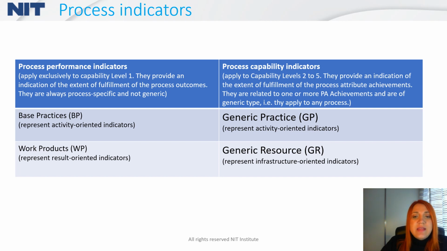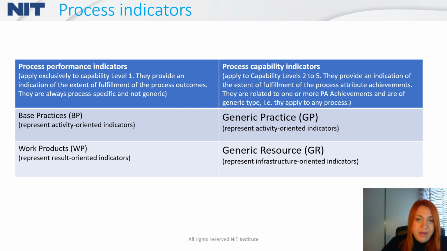The types of process performance indicators are best practices and work products, and all of them are only used for level 1, as I already said. Process capability indicators, as already explained, in contrast, are used for a generic type, and they are applied on the processes on levels 2 to 5.